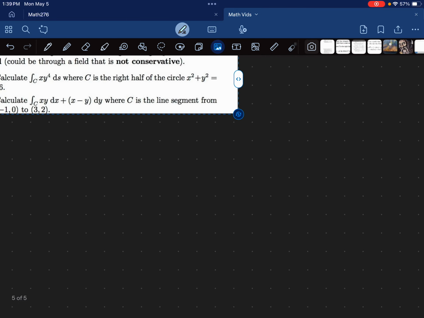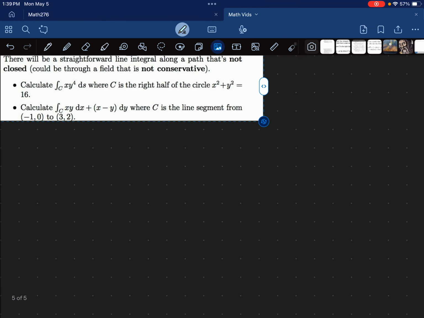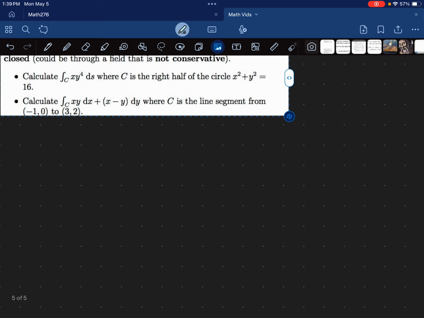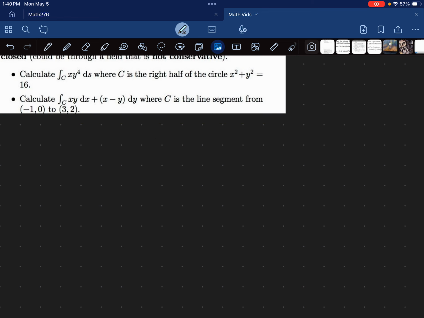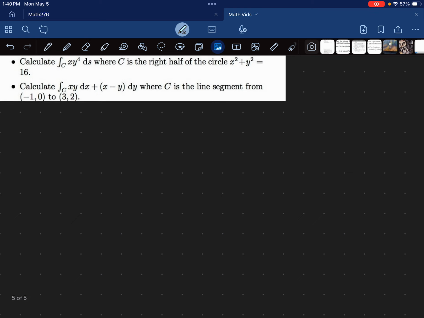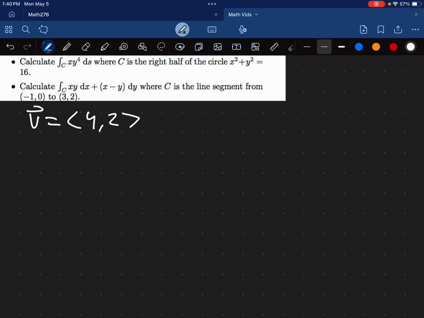So what we're going to need is a vector. What you could do to get a vector is take this point here, hold on, let me get my pen out, this point minus this point. So our vector is just equal to 4, 2.